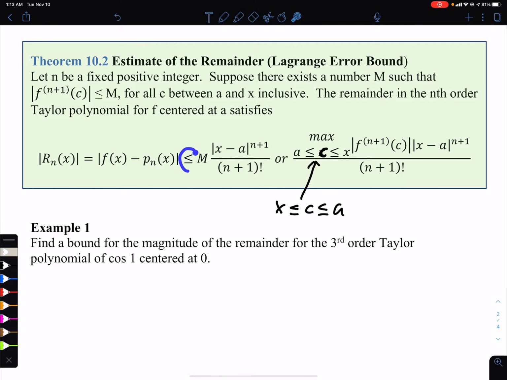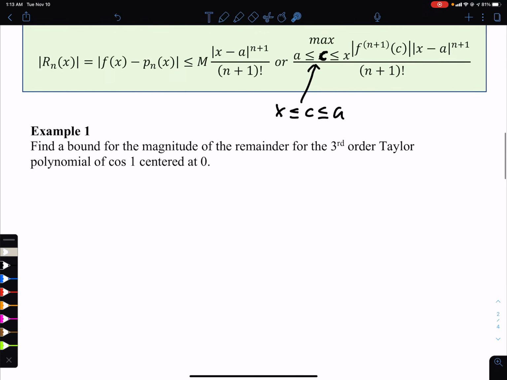Now we know it's going to be less than or equal to the maximum value that the next term in the Taylor polynomial could be. And it's the maximum value for all points between the center and the value of the function where it's being approximated. So that's pretty much the summary of it.